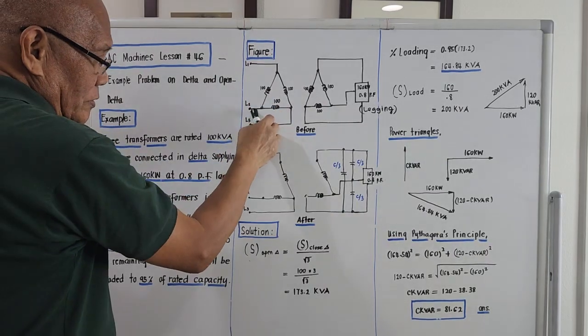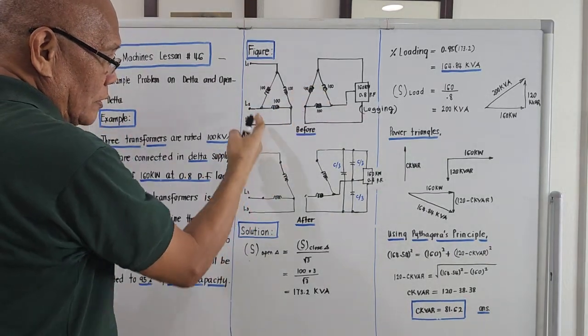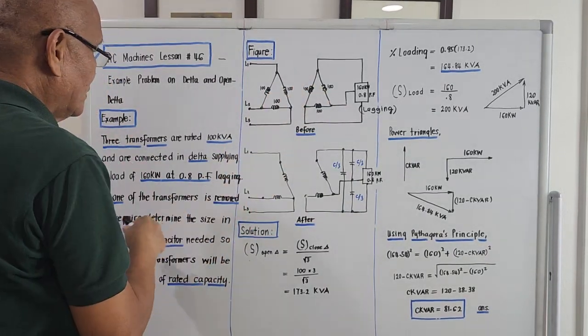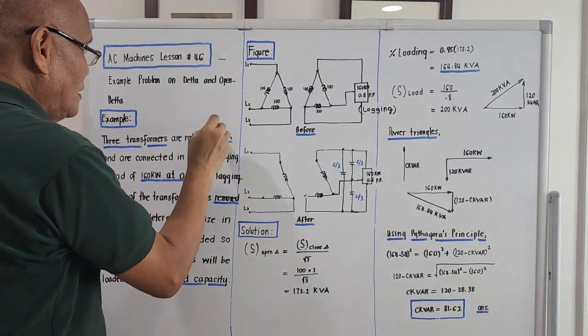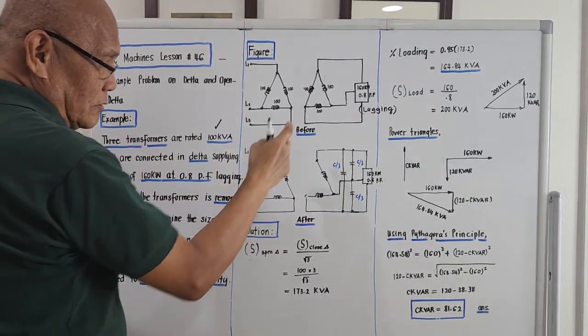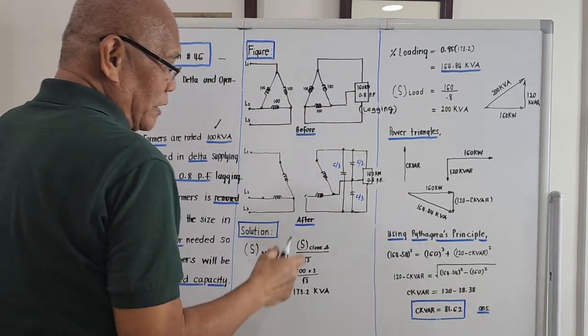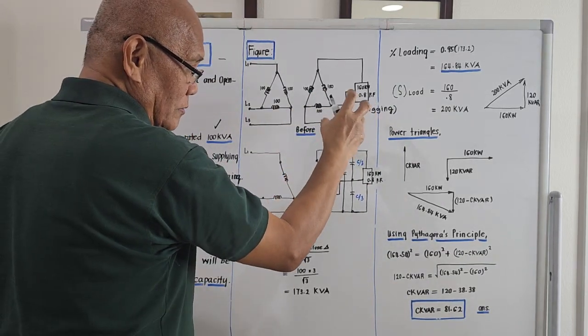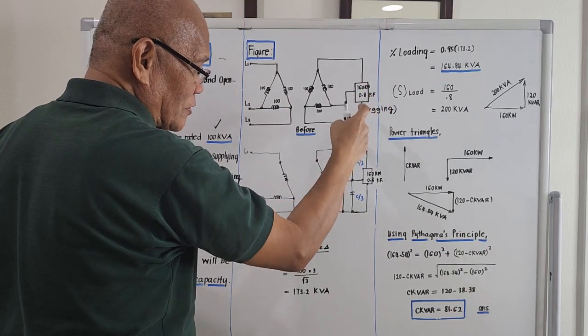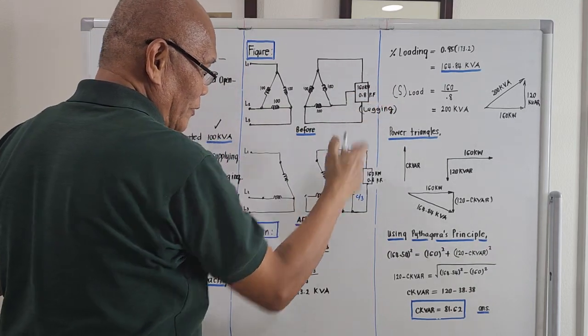The original connection is a closed delta, 100, 100, 100 on the primary, and on the secondary it's also 100, 100, 100. The total load originally, a balanced three-phase load, is 160 kilowatts at 0.8 power factor.